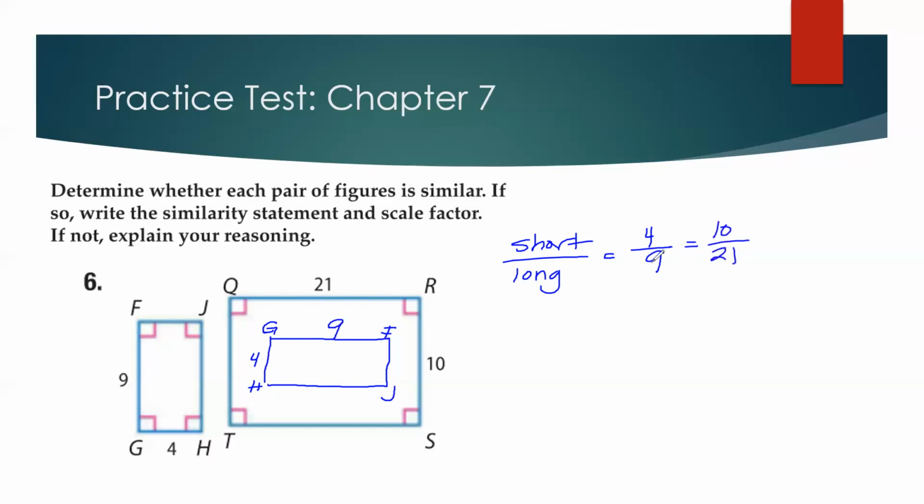Okay, so if we cross multiply this, we end up getting 9 times 10, which is 90, and 4 times 21, which is 84, which they are not equal to each other. So we had to determine whether these figures are similar. No, they're not similar, okay, because the lengths of their corresponding sides are not proportional.